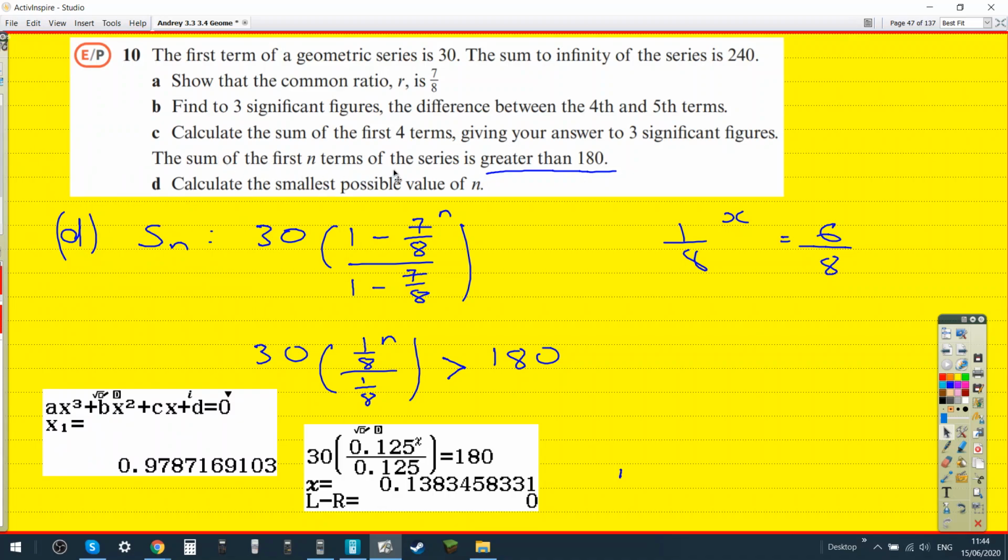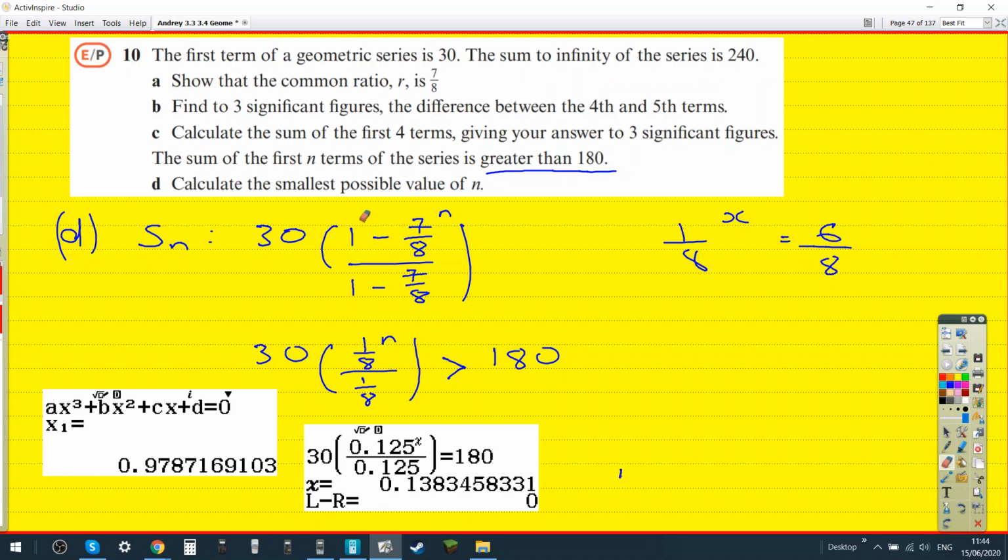The sum of the first n terms of the series is greater than 180. Calculate the smallest possible value of n. Oh, no. My mistake. Sorry. I'm an idiot.